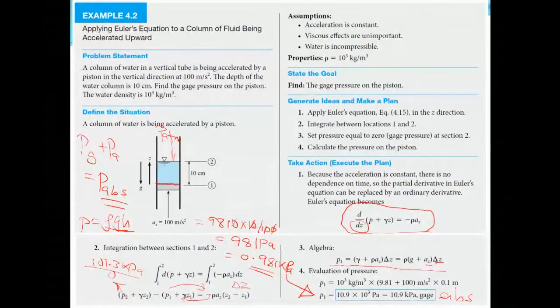The pressure has increased because of the acceleration, and that is because acceleration is because of force. When a force acts, it causes the particle to accelerate.